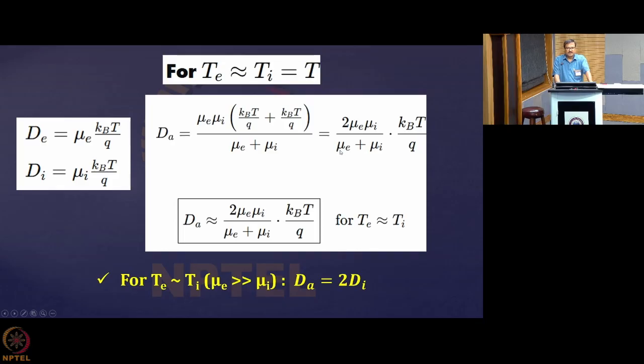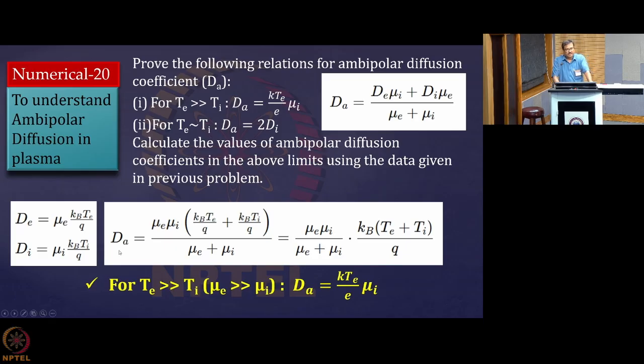So you get mu_i by 1 plus this term, so twice mu_i times kT by Q. Okay, so mu_i kT by Q is what? This is the D_i. So when Te is of the order of Ti and mu_e is much greater than mu_i, D_A is just twice, this factor is there and this goes to 1, and mu_i is there, and mu_i kT by Q defines the D_i. So you get D_A equal to 2 D_i. So this is what we just wanted to show, and we have obtained it here.